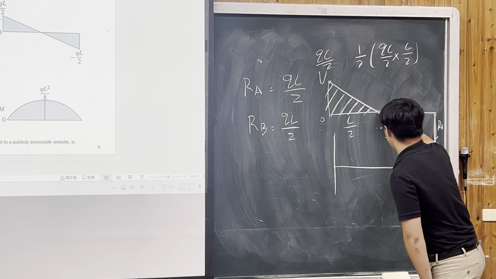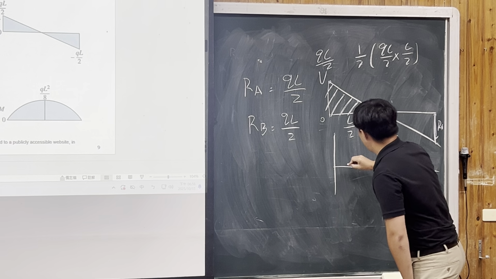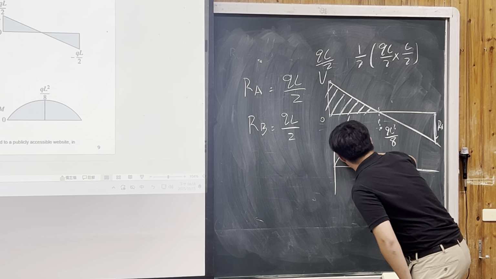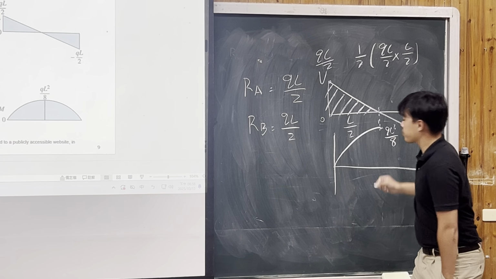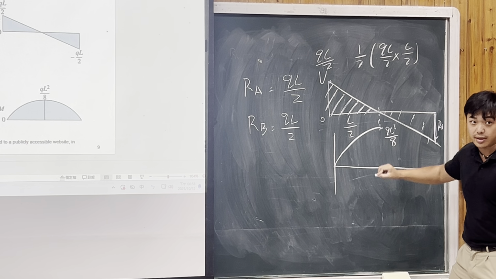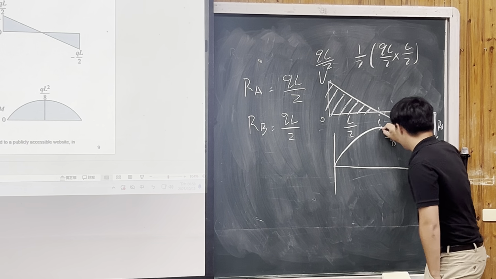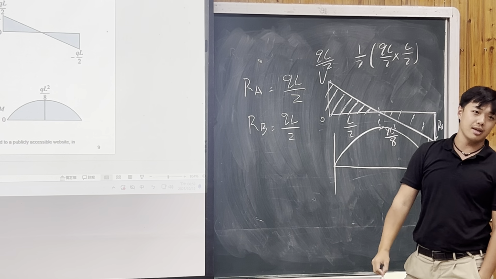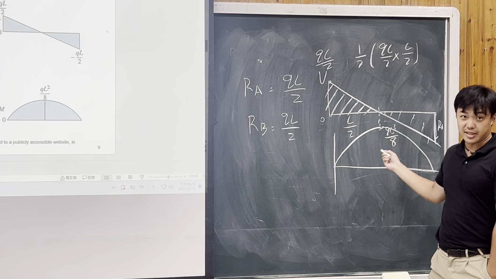So this area provides the moment to grow to here. Since this part is a negative area, you know that it decreases right here. I think it's really easy, right?